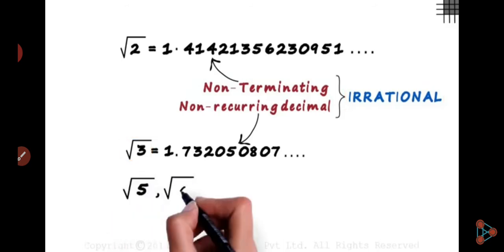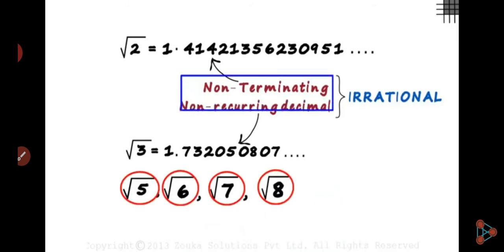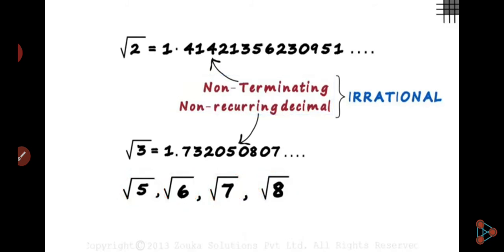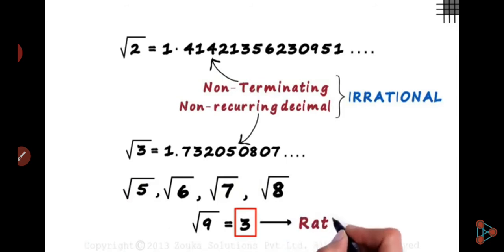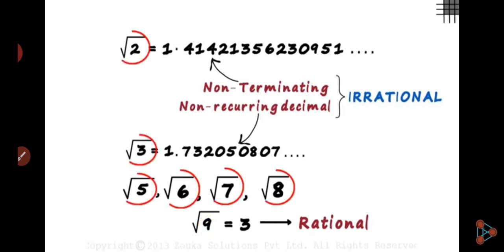Understand? Suppose root 5, root 6, root 7, root 8, all are called irrational numbers because they are non-terminating and non-recurring decimals. But root 9 has the value 3, because it is a rational number. And all the perfect square numbers have rational roots.